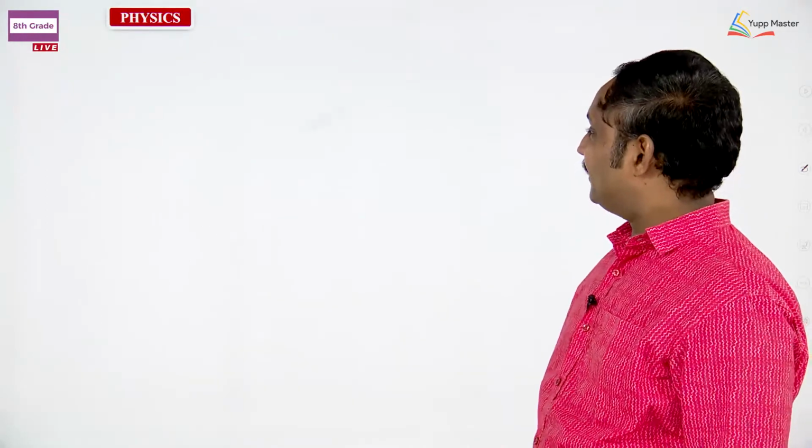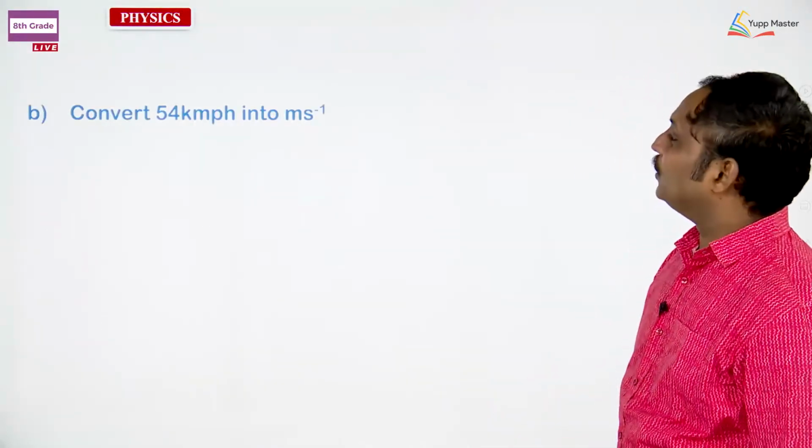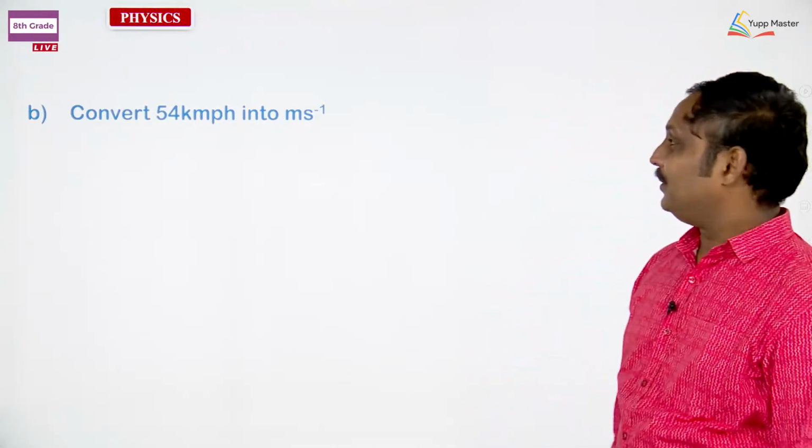Now let us go for another one. Easily you will convert 54 kilometer per hour into meter per second.